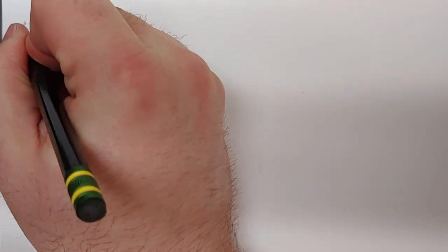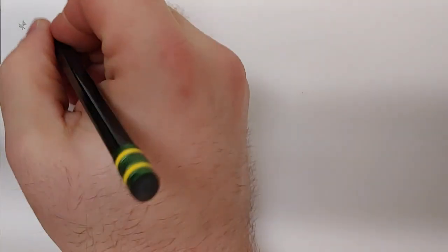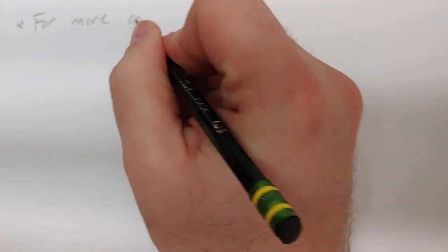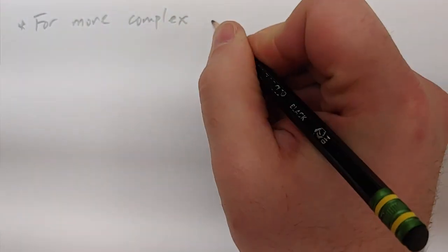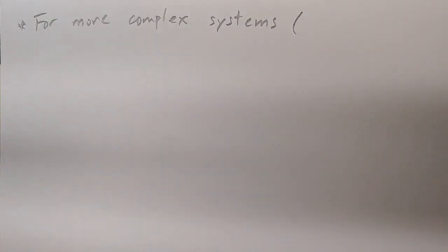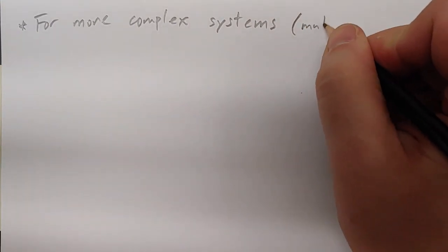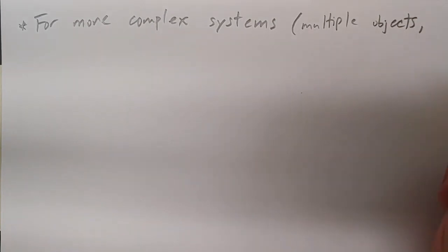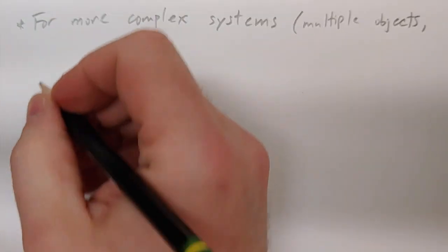So if you have a more complicated shape, so something that is not a point mass or a uniform spherical shell, so if you have more complex systems, this could be if you have multiple objects and you're trying to figure out what the force of gravity is from all of them, or if you just have a shape that is more complicated than just a spherical shell.